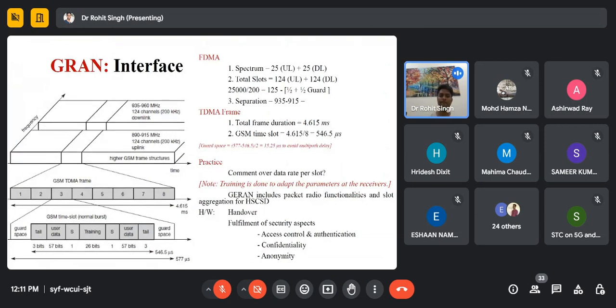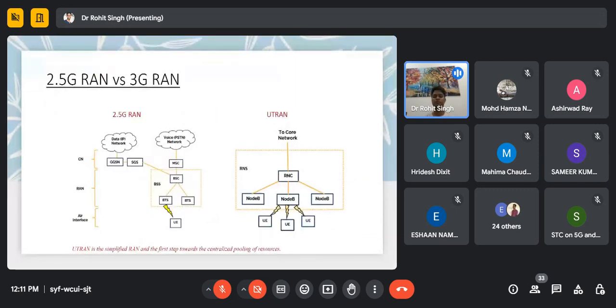Now coming to the next one. These are the evolution from second generation to 2.5 generation. In the 2.5 generation, you get all the entities which are very similar except this one, which is to handle packet data transmission in the circuit switching scheme.